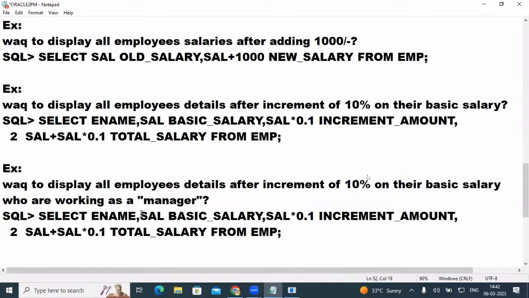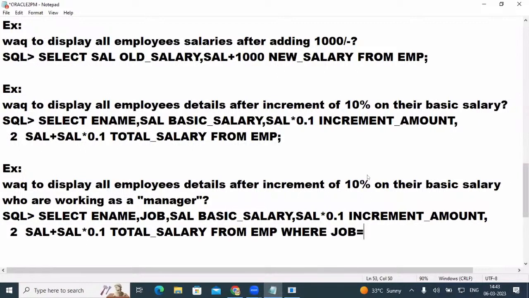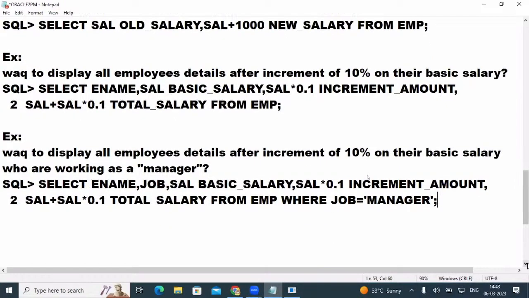So here I want to add a job column also, because you can display your managers' information. Job is equal to manager. So the first example is all employees we are giving increment. In the second example, only a particular department we are giving increment. Okay.